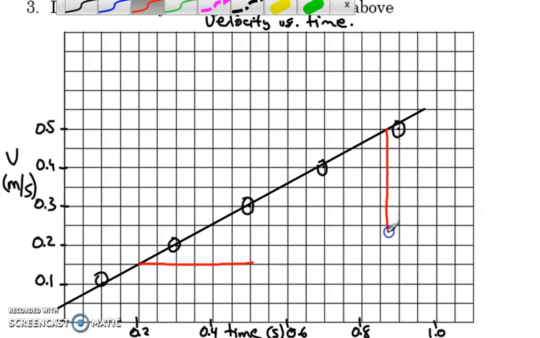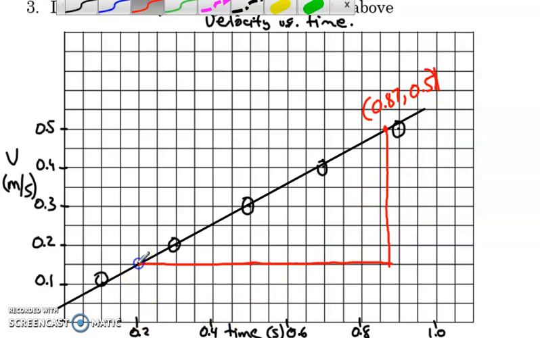Let's pick here. And so we're going to find the rise over the run. This point here is an x value of approximately maybe about 0.87 at 0.5.